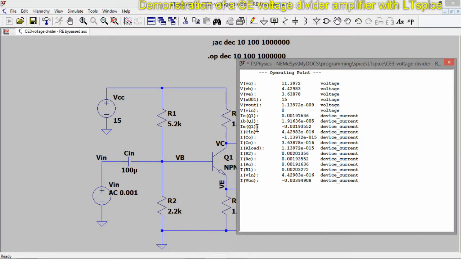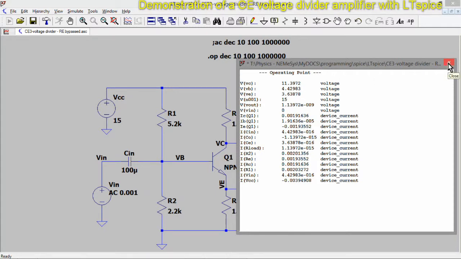Another thing to check, well, we have to do it on the fly: VC minus VE. You see VC is 11.4, VE is 3.6. If you do the difference, it should be, according to the design, 7.5 volts. It's roughly there. This was VCE, the difference between VC and VE.